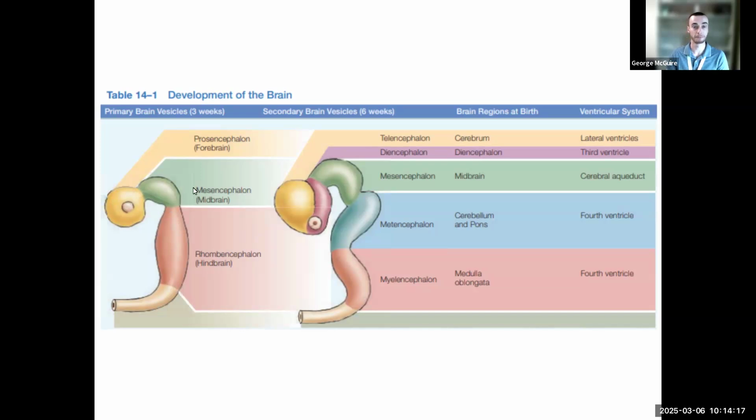This middle region, the midbrain or mesencephalon, is sometimes referred to as the rat brain or the early mammal brain. And then this most superior or anterior region, depending on the organism, the prosencephalon, the forebrain.